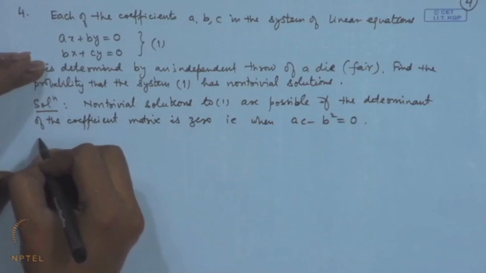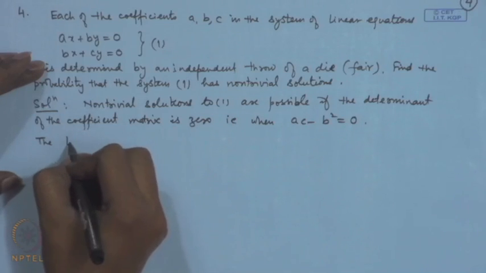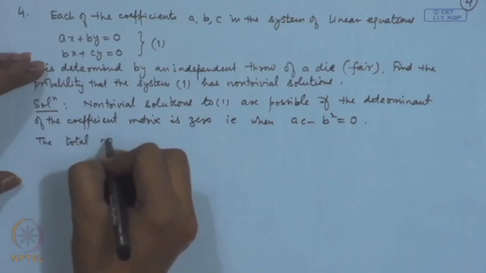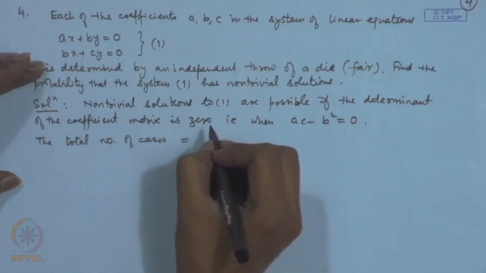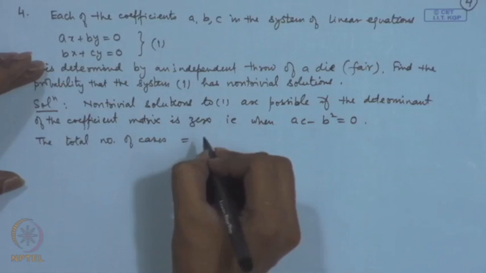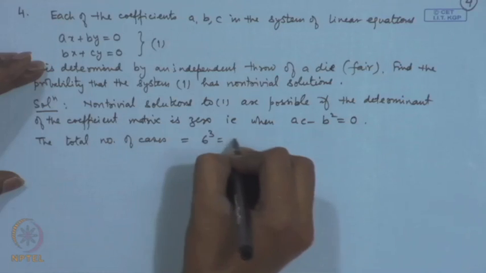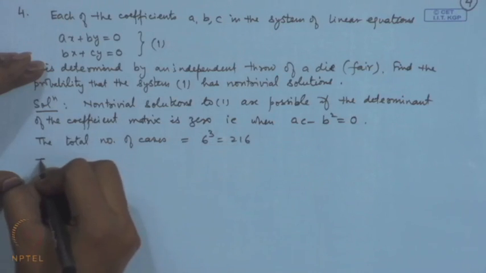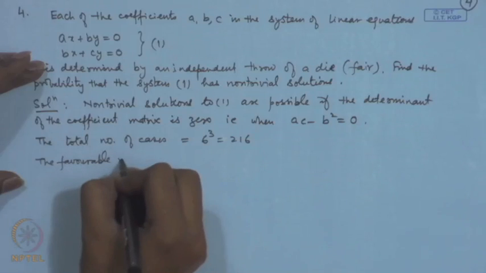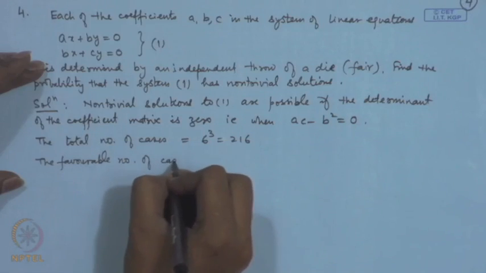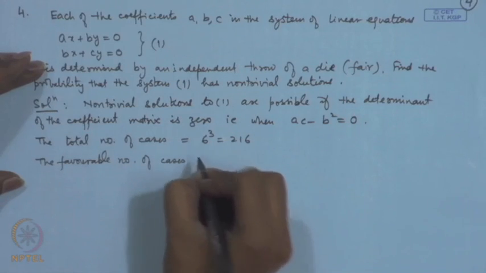So, the total number of cases when you throw 3 times a dice, you will have 6 cube, that is 216, and the favorable number of cases, how many?